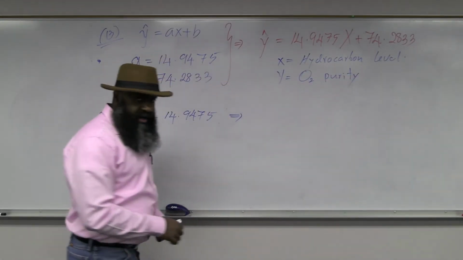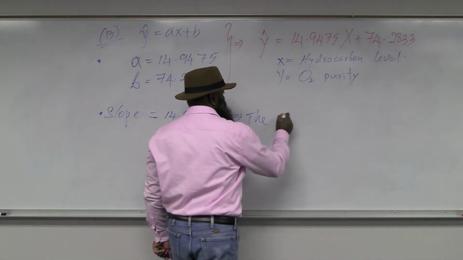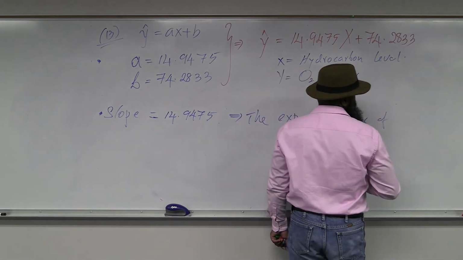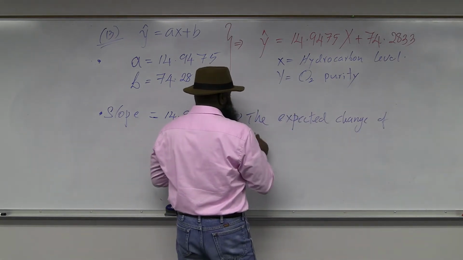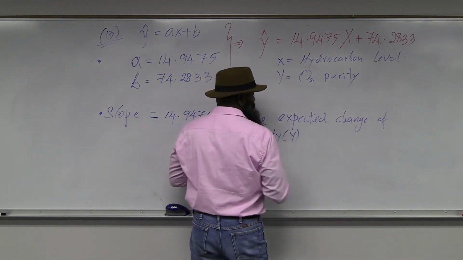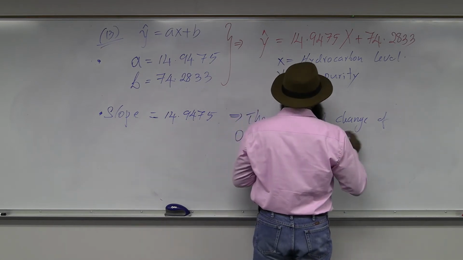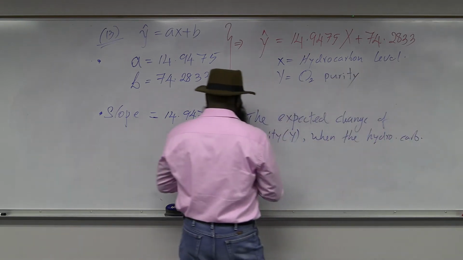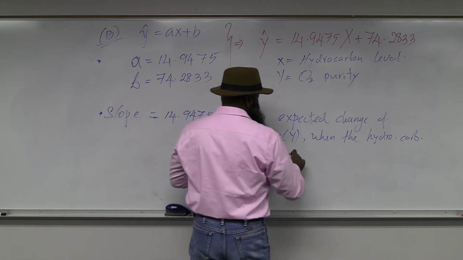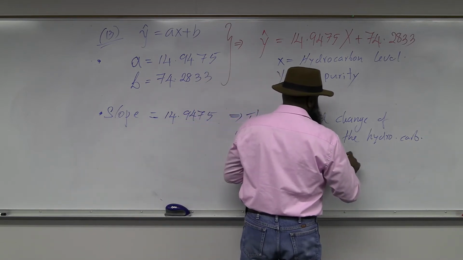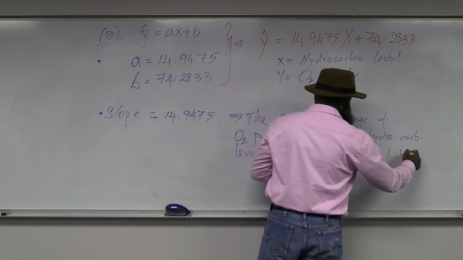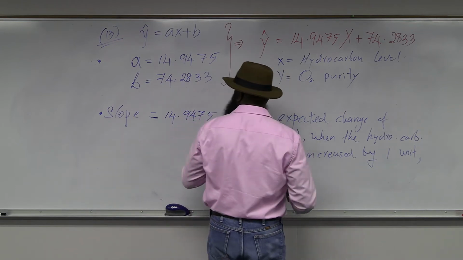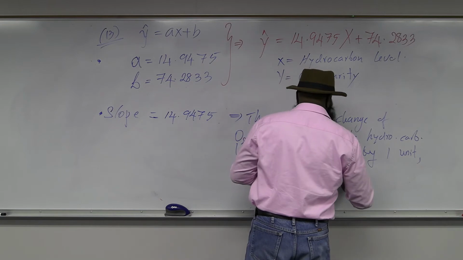Okay. So I will write it as that. The expected change of oxygen purity, which is the variable y, when the hydrocarbon level, which is the variable x, is increased by 1 unit, is equal to 14.9475.